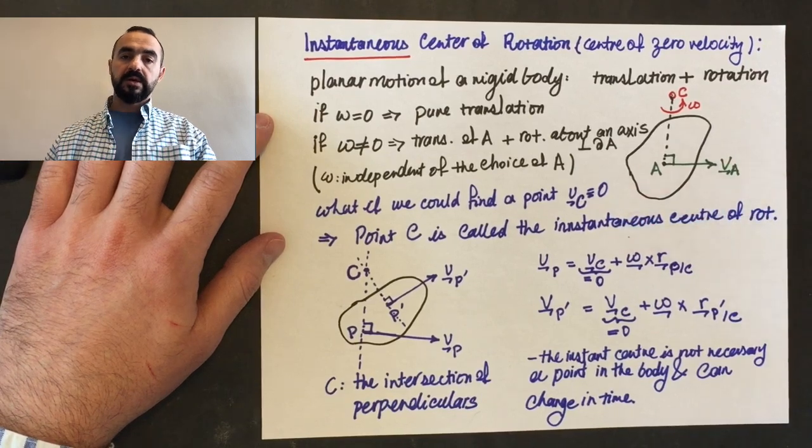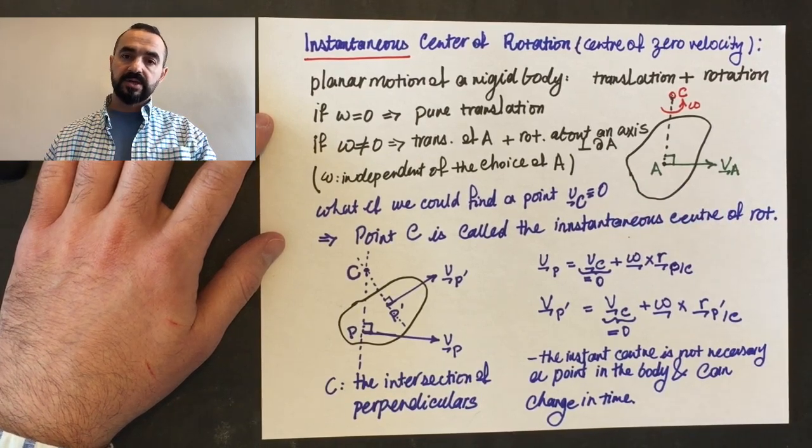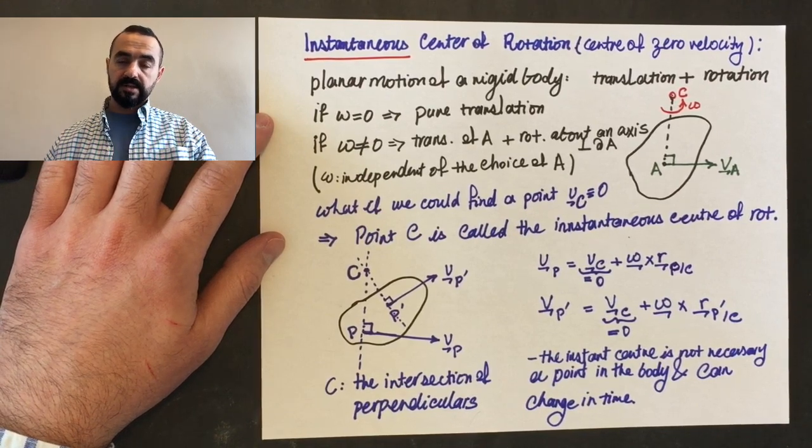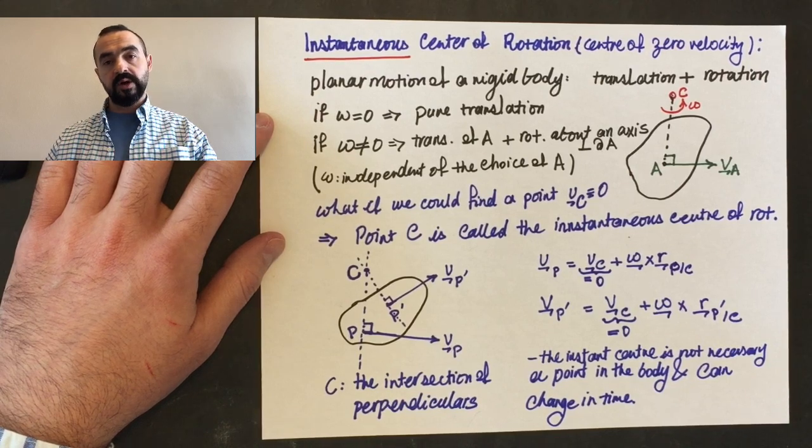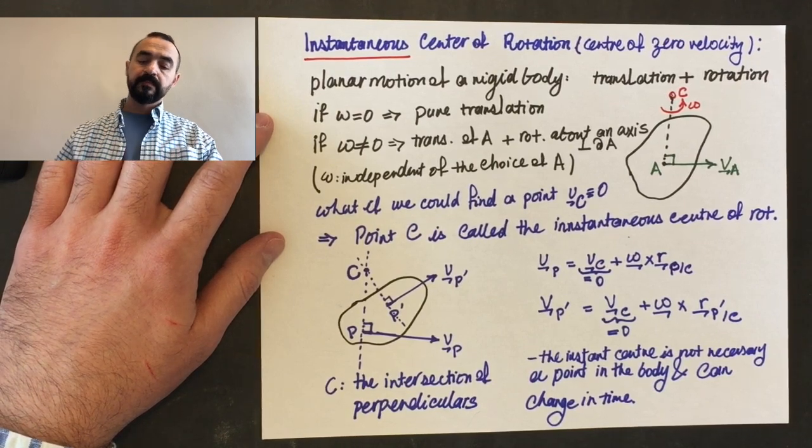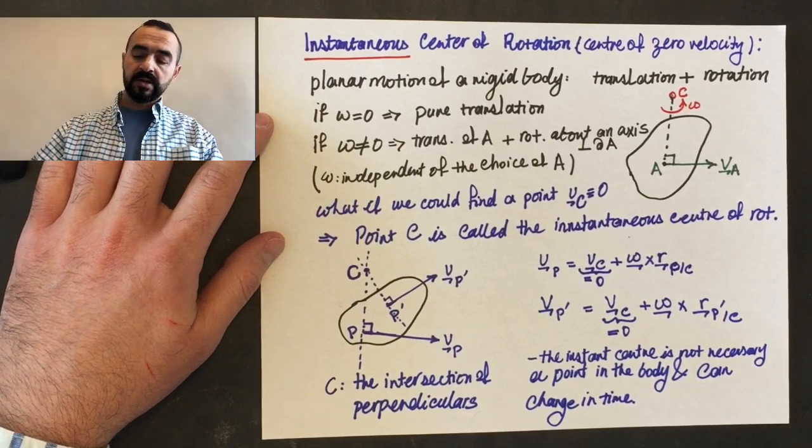Obviously, if you have a pure translation, then you cannot find that point, because it means that every point in your rigid body translates. So there is no point either in the rigid body or as a hypothetical extension of the rigid body. So we see C does not exist.